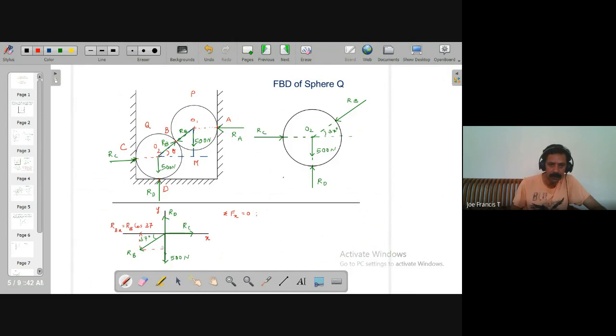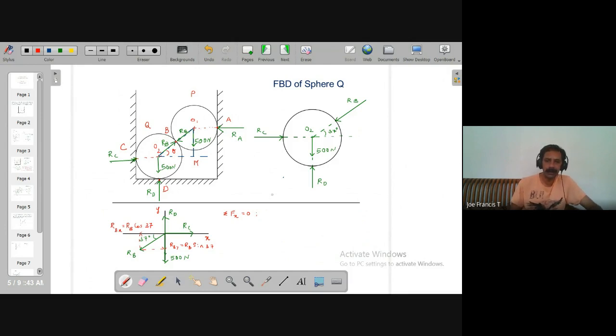So I'll have one component in this direction, which is RBY, which is RB sine 37. So you have two components.